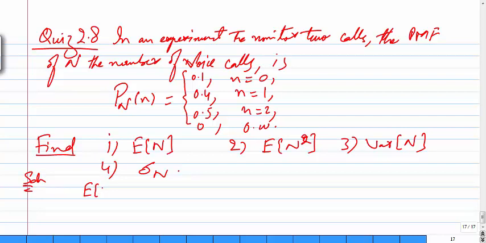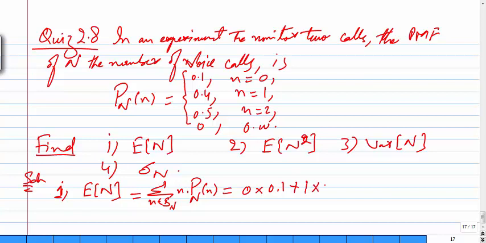So expected value of n, first one, just put the formula, that is summation over n belonging to S of n times the PMF of n. So just plug in the values: 0 times 0.1 plus 1 times 0.4 plus 2 times 0.5. When you do the calculation, it comes up to be 1.4. Now we will move to the next one. The next question is expected value of n square.